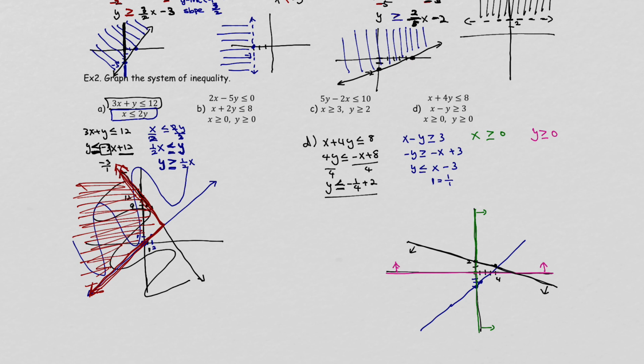Y has to be smaller is this area because this y is smaller than this y, right? But we don't want to color it yet, we will say it will be on the bottom of the blue line. So when you want to find the overlapping of all that, it is going to be only this little area right here.